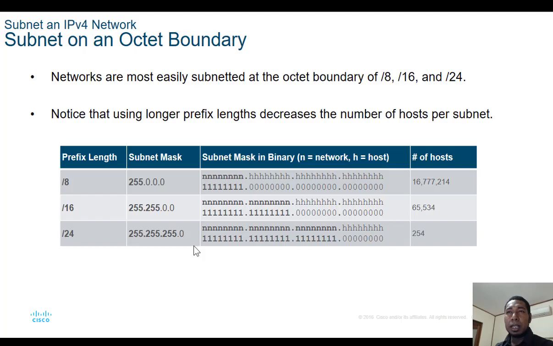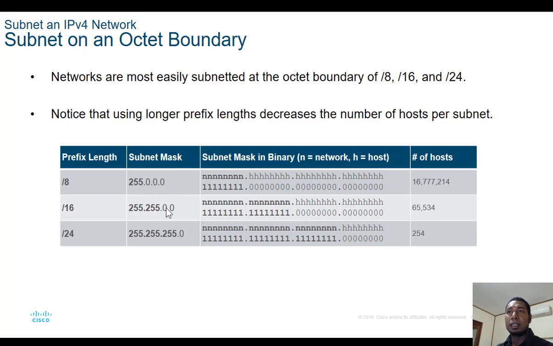Now, looking at class A, class B, and class C, when we're talking about subnetting, if you're going to subnet a class A /8 prefix, we'll be working with the second, third, or fourth octet. If we're working with a class B address and subnetting on an octet boundary, we'll be working with the third octet.